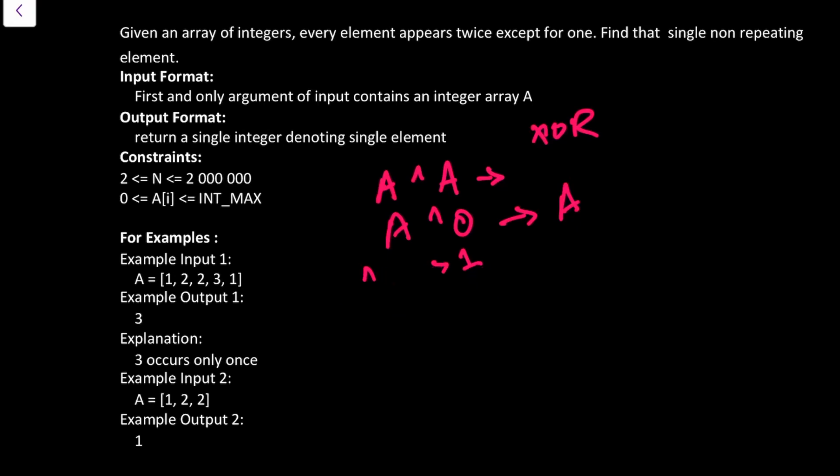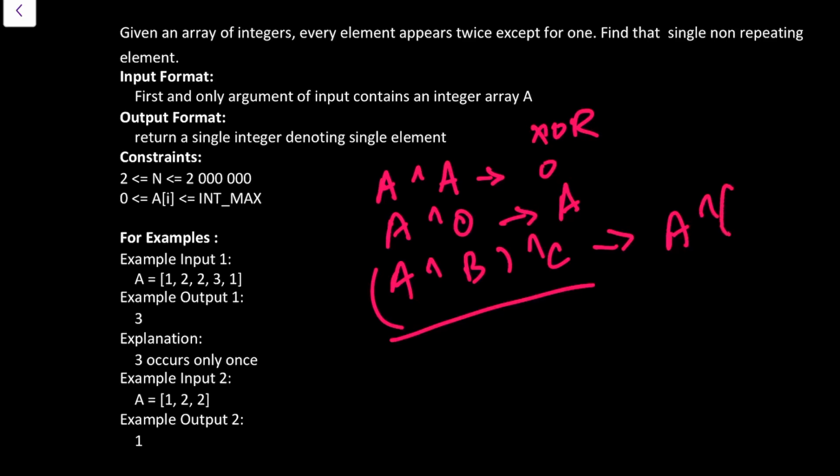These are the basic things. Only these two things will give you the result for this question. So A XOR A is 0 and A XOR 0 is A. How do you approach the question? And one more thing, A XOR B XOR C is associative, so you could first do A XOR B and then XOR with C, or first B XOR C and then XOR with A. It would be similar, right?